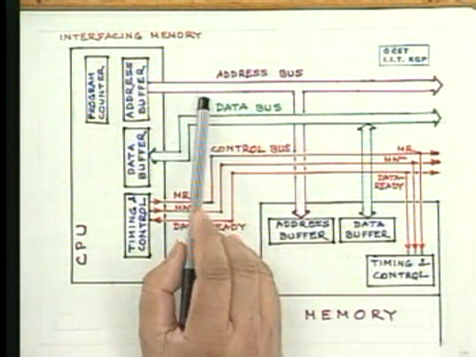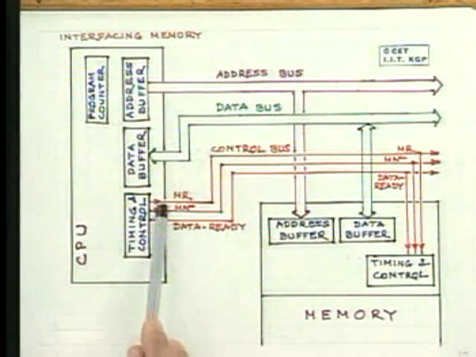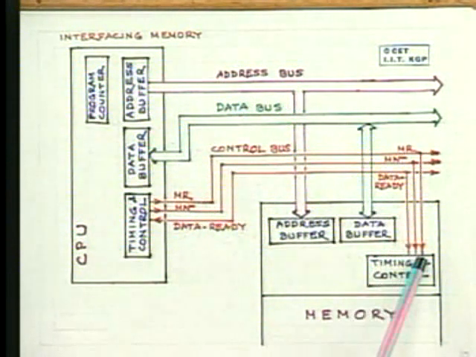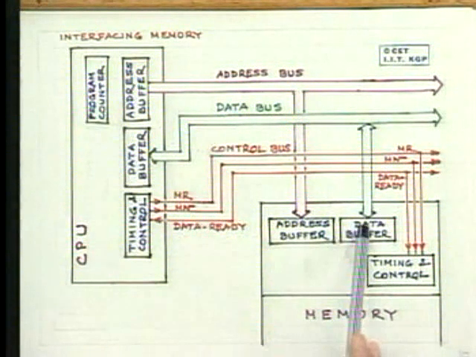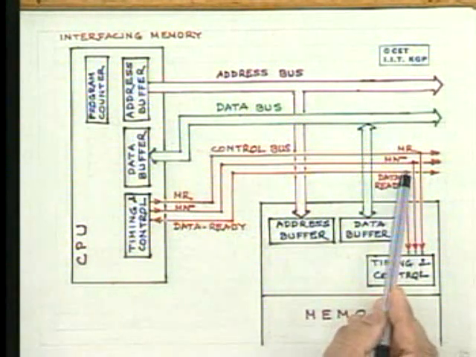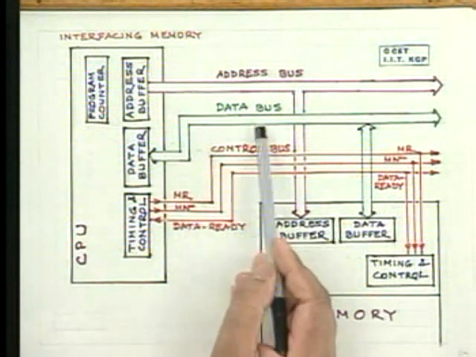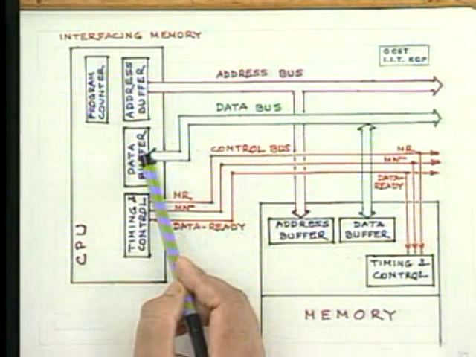Coming to the diagram once more, say the CPU puts the address, says memory read, memory puts the data, says data ready, and the CPU reads the data from the data bus.